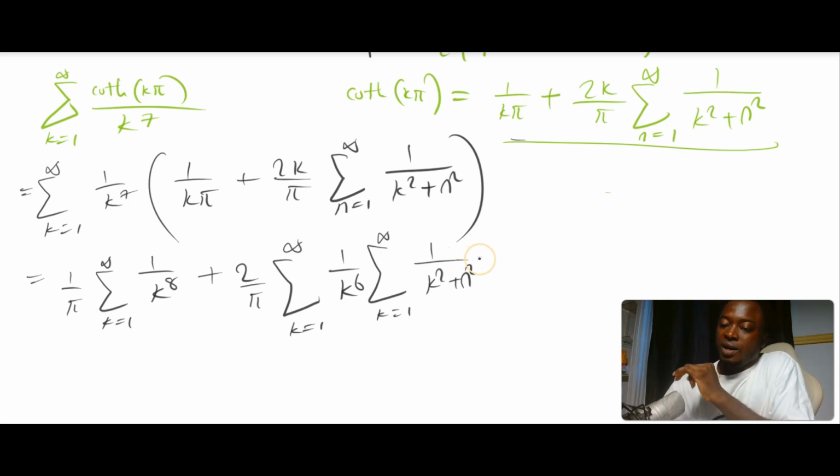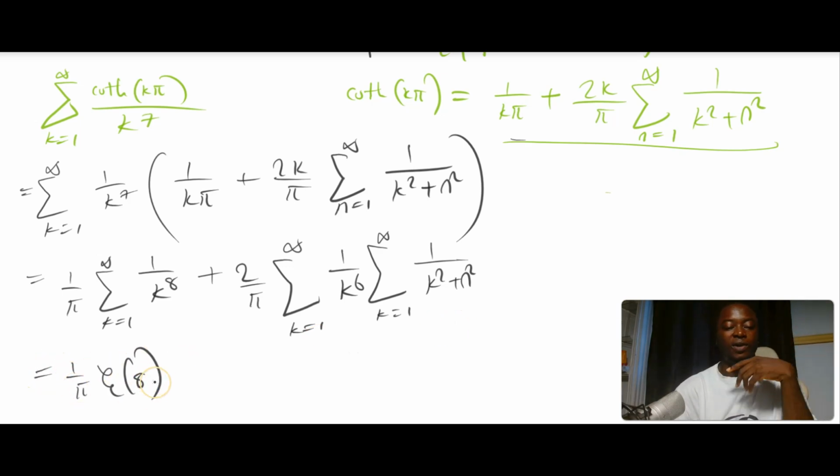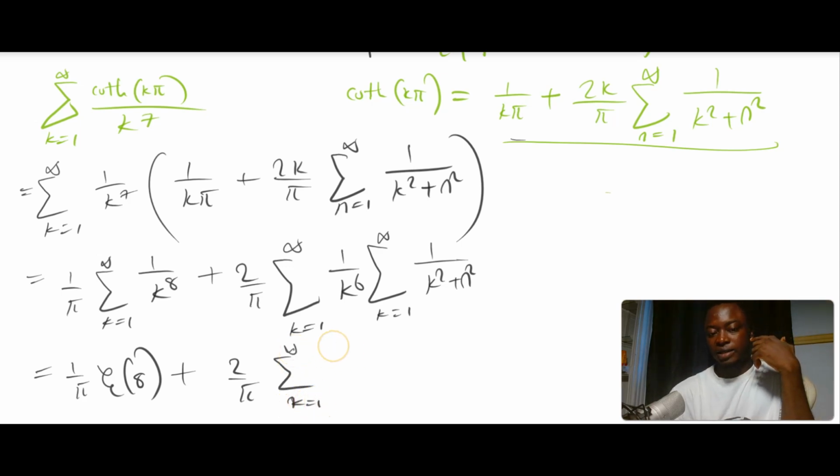So from a sum, we went to a double sum, and now we are back to another double sum. For this one, this is just 1 over pi times zeta of 8. That one is clear. Then for this case, you have 2 over pi times the double sum as k runs from 1 to infinity, and n runs from 1 to infinity of 1 over k to the 6 times k squared plus n squared.